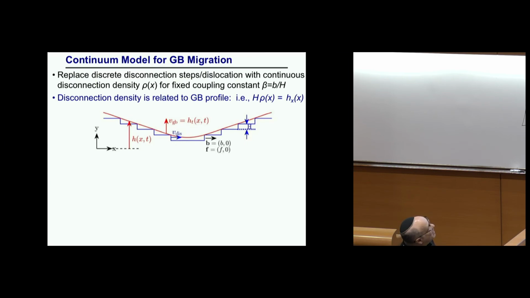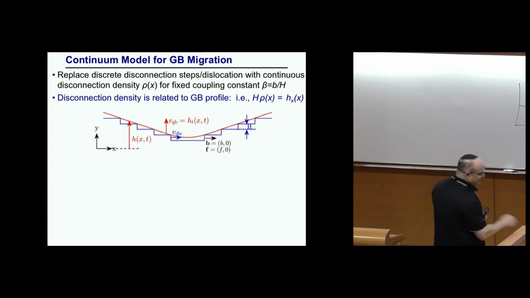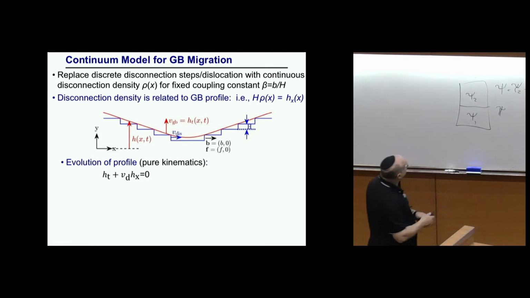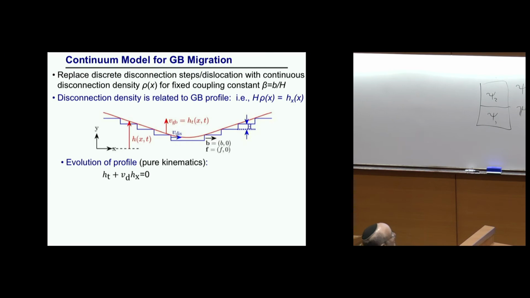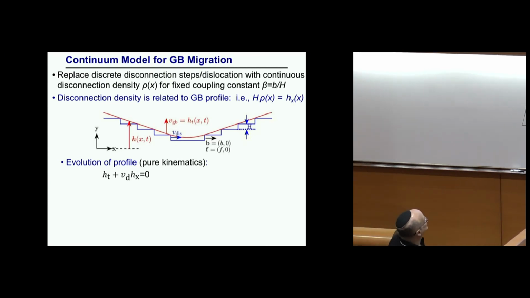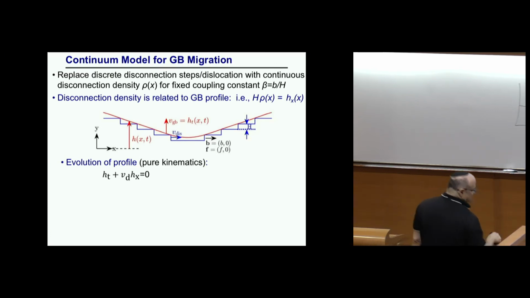So the step height times the density is just the first derivative of the height profile. That's the first step. And if we just do conservation, so this is pure kinematics, the rate at which the height evolves, the derivative of h with respect to time, is just the velocity of the disconnections times the density of disconnections, which is the slope.